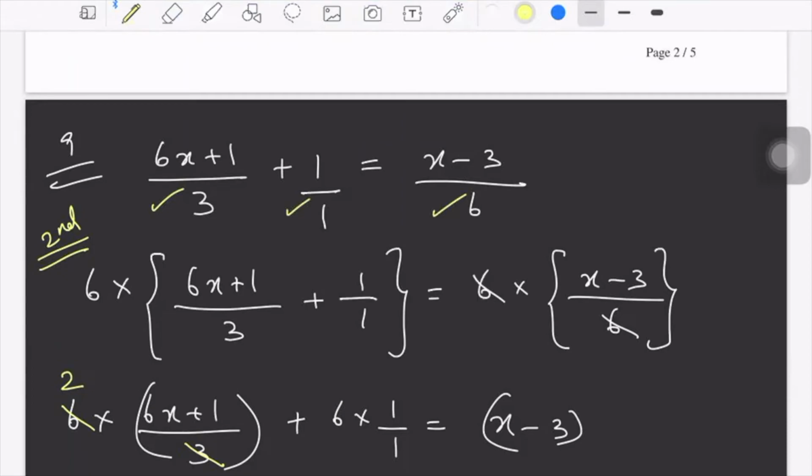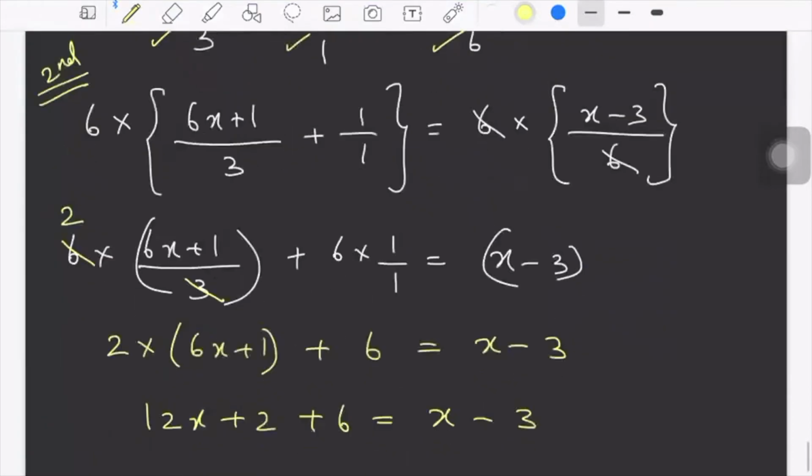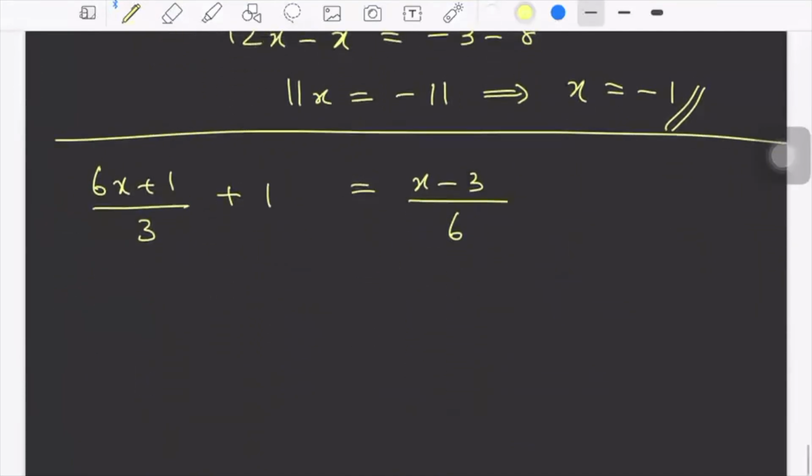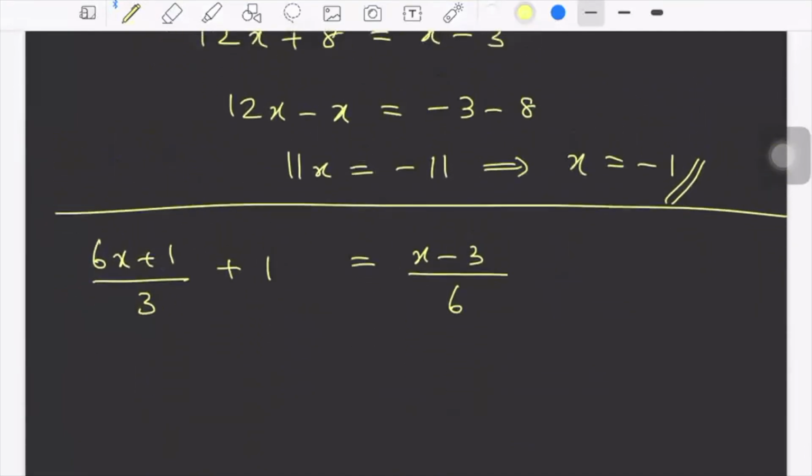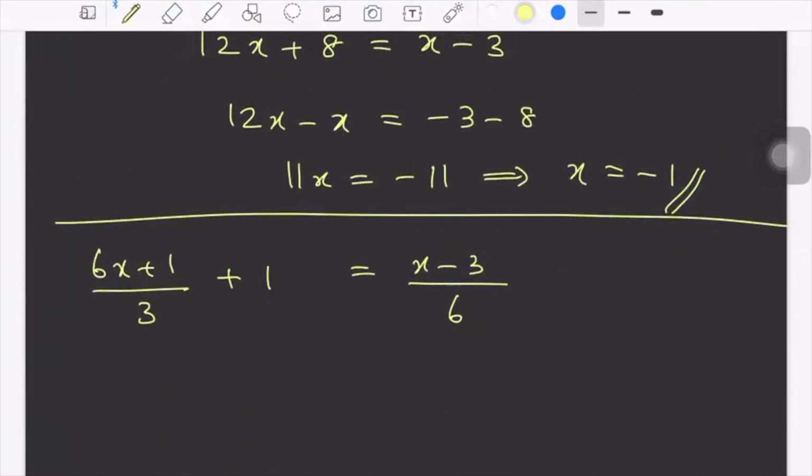We were looking at 3, 1, and 6, and then thinking about a common multiple that will get rid of all the denominators. So in this approach, we are not bothered about the RHS for the time being. Let's just look at the LHS.